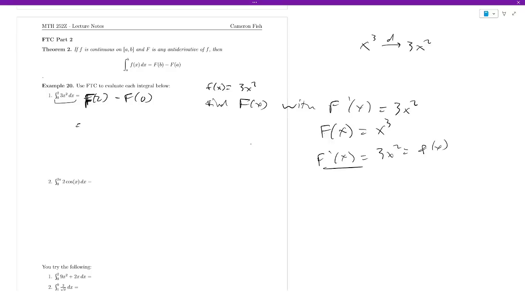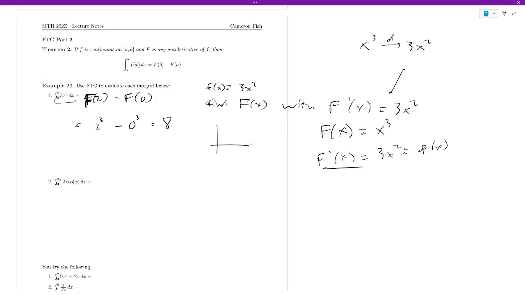What's big F of 2? Well, big F is x cubed, so it's 2 cubed. And then big F of 0, it's 0 cubed. So that's 8 minus 0. So boom, I just did this integral in a couple seconds, assuming that you can find this thing. And this really is the area under the curve.